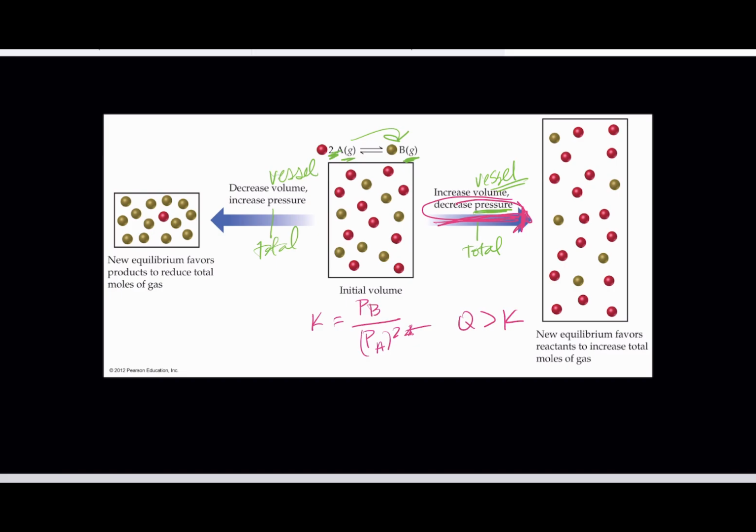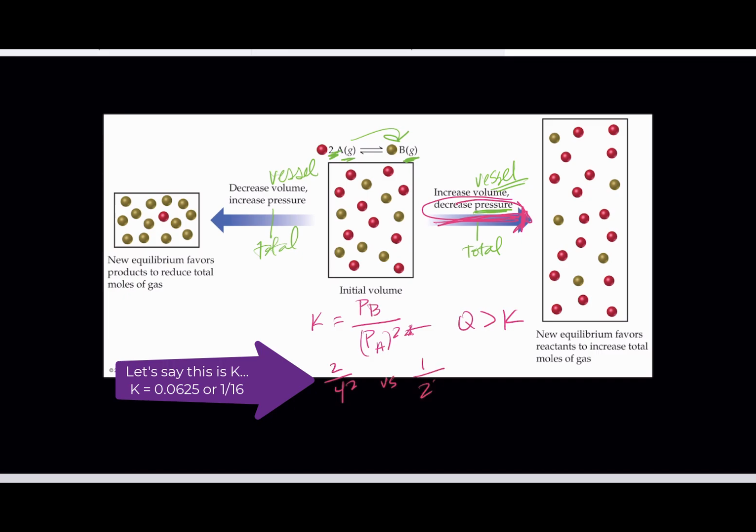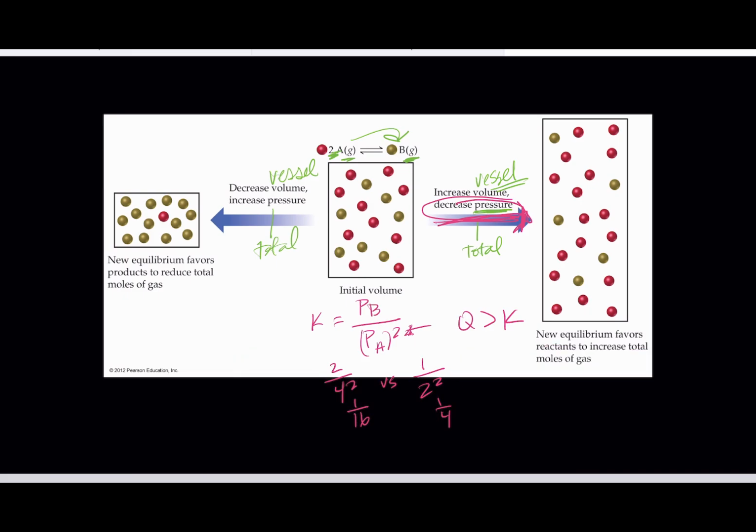Let's say that the pressure of B initially was 2 and the pressure of A initially was 4. So 2 over 4 squared, versus if I decrease the pressures, which would give me 1 over 2 squared. So I go from 1/16 to 1/4. Q is greater than K if I increase the vessel volume, which decreases the partial pressures.